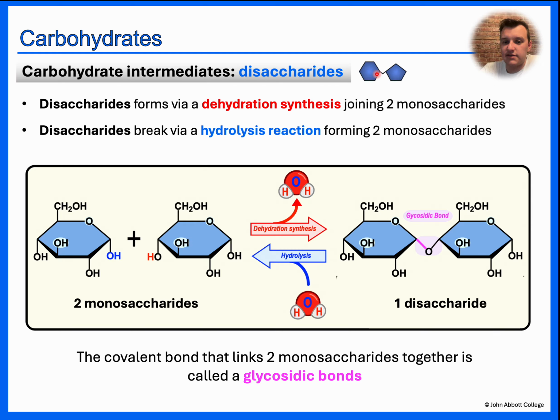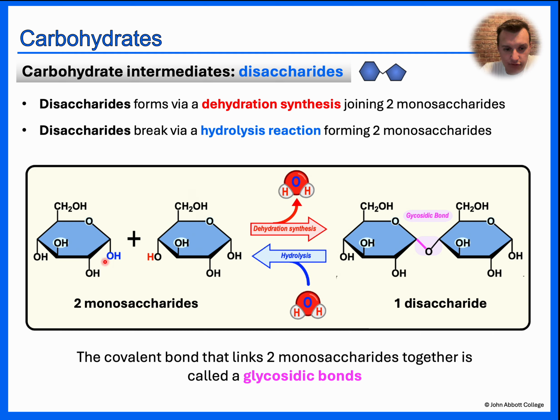2 monosaccharides together. Disaccharides are formed via what we call a dehydration synthesis that joins 2 monosaccharides together. Look here. If I take this hexagon and add it to this hexagon, these are called monosaccharides. 1 monosaccharide, 2 monosaccharides.